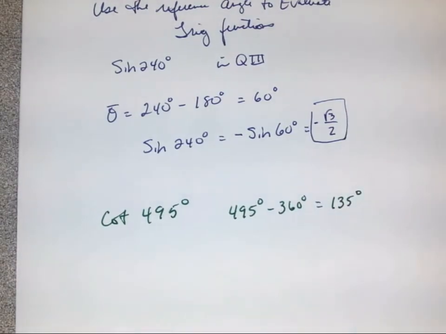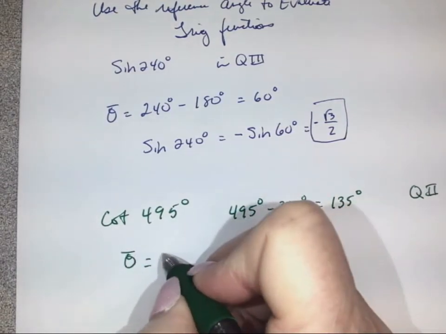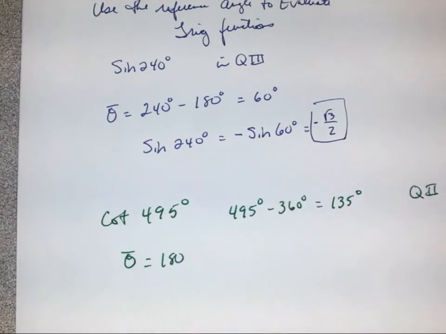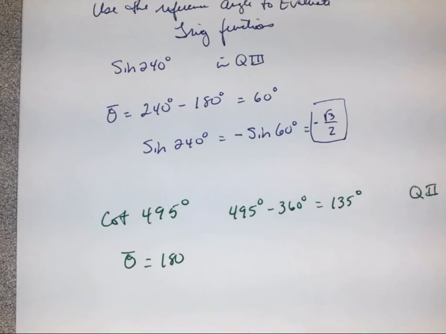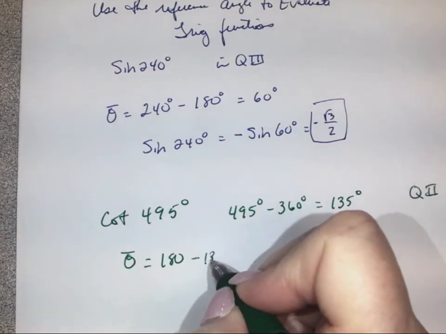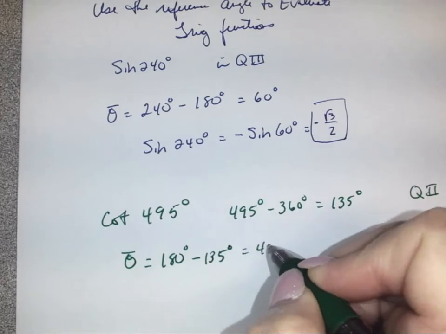And 135 is greater than 90 but less than 180, so that tells us we're going to land in quadrant 2. So our theta bar would be equal to, the closest x-axis is going to be at that 180 again, but we're up in this quadrant, 180 minus 135 degrees will get us 45 degrees.